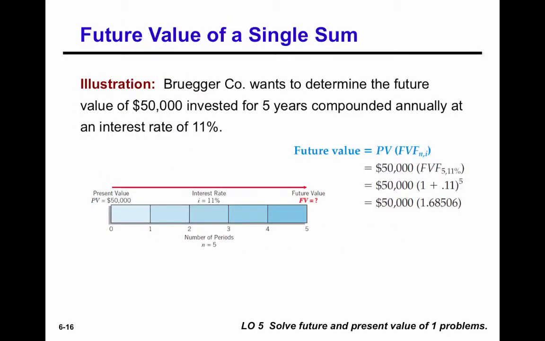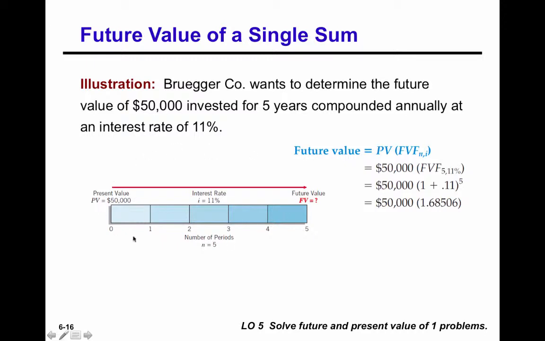So here's an example. This example is actually, I'm not sure why, I think there's a small error in the book here. They are showing you the computational method to arrive at the solution, which is perfectly acceptable. 1 plus the interest rate raised to the 5th power, this being 5 years compounding annually at a rate of 11%.